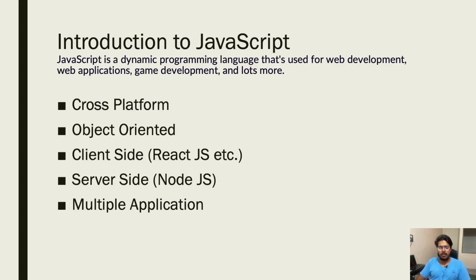Behind this pen, they have created a prototype: how the pen looks, how it behaves, what its color is, what the size of the nib is. Each and everything is defined inside one prototype, which we can say is a class. That is the concept behind object oriented. JavaScript contains objects and classes, so it is an object oriented programming language.